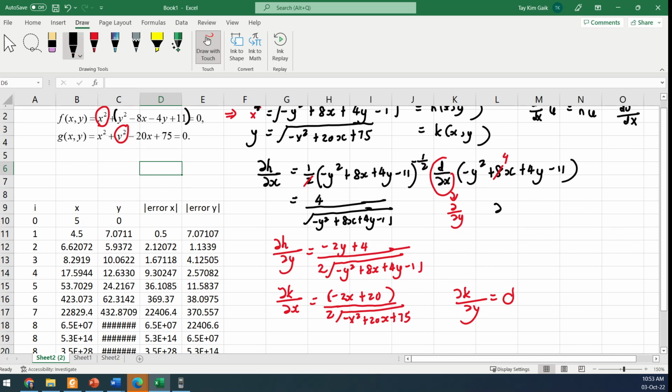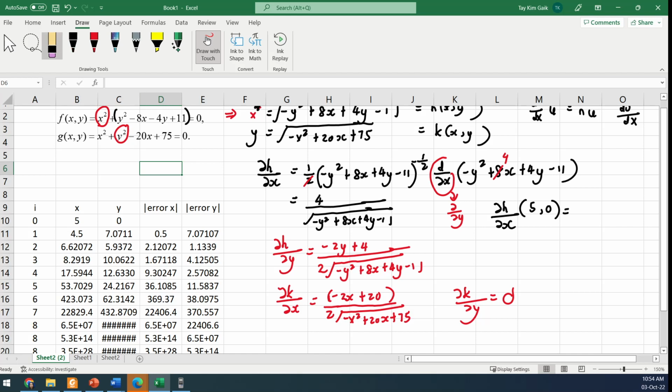We check whether del h del x is 0. When y is 0, you get the square root of negative 11, which is not a real number.